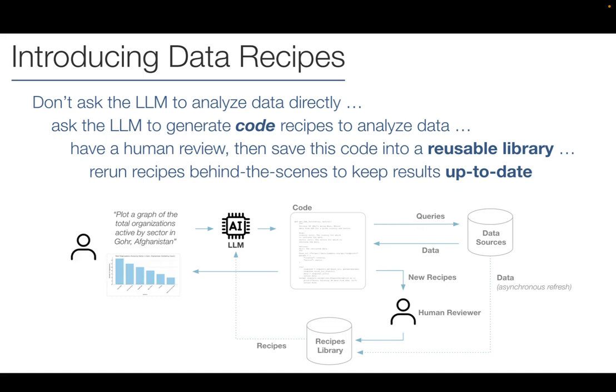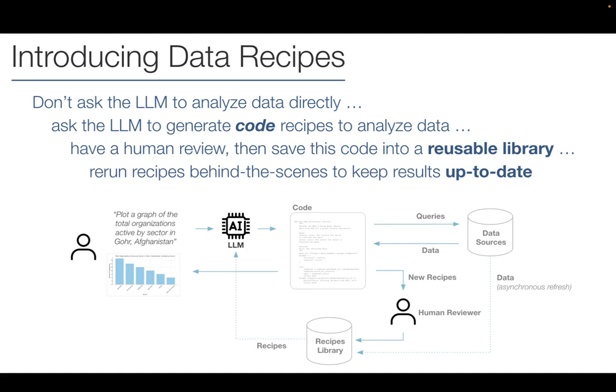So based on that, we came up with a concept called data recipes. There are many examples on the web of LLMs analyzing data. They do that on the fly, and that's amazing and great. The trouble is it can be a bit unstable. And we felt it would be much better to have a human in the loop before those analytics go out to end users. And so instead of asking the LLM to analyze data directly, the LLM generates code to perform that analysis.